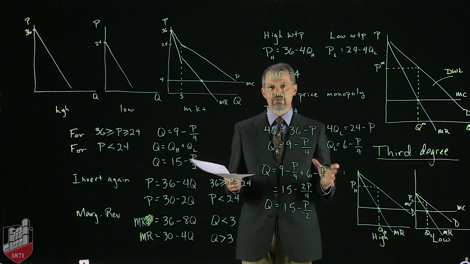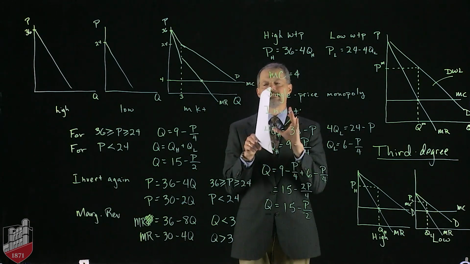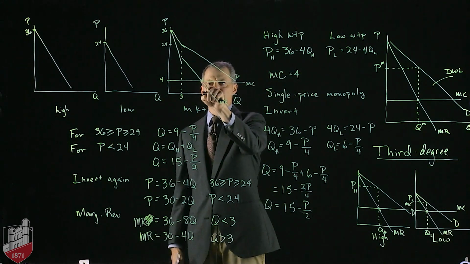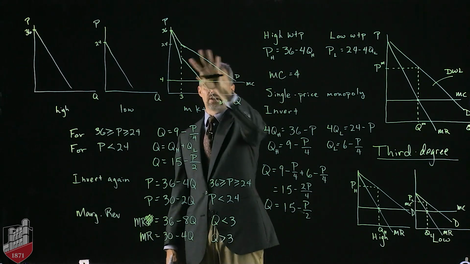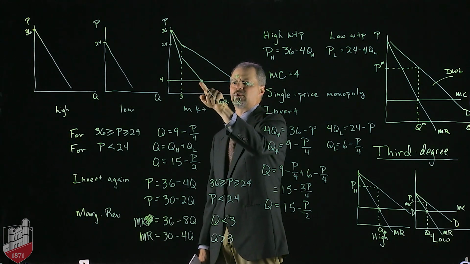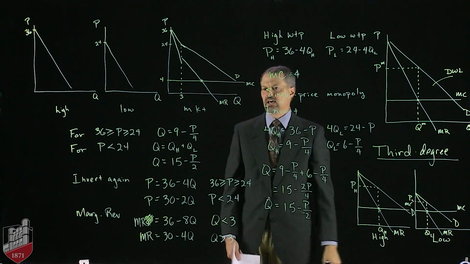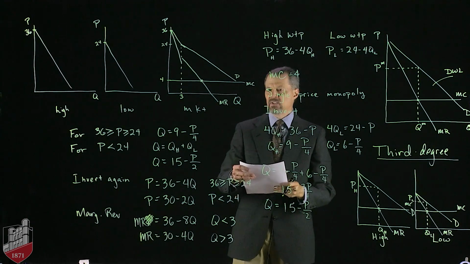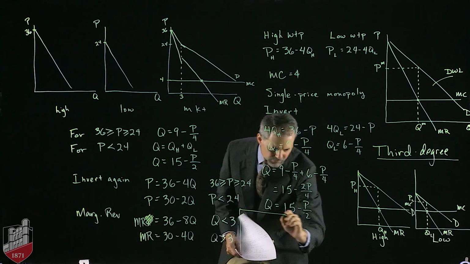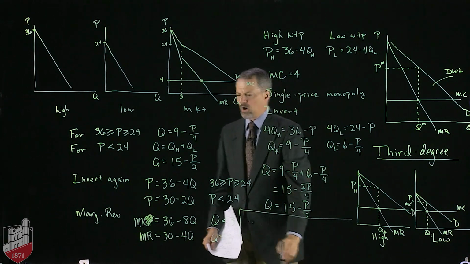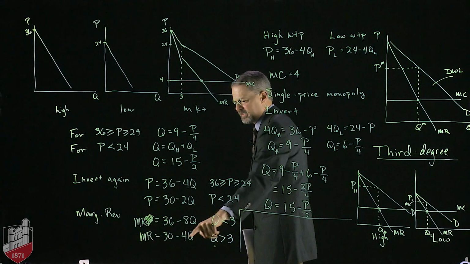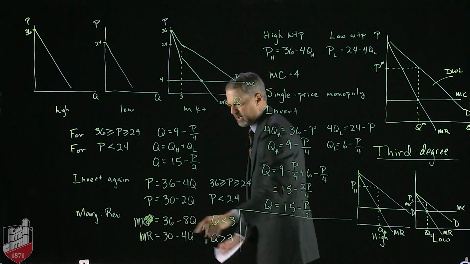Remember, right now we're just thinking about the firm not price discriminating, okay? So we've got the market demand curve, the market marginal revenue curve, and we're figuring out where marginal revenue and marginal cost are equal. I'm going to put a little box down here and solve for that.